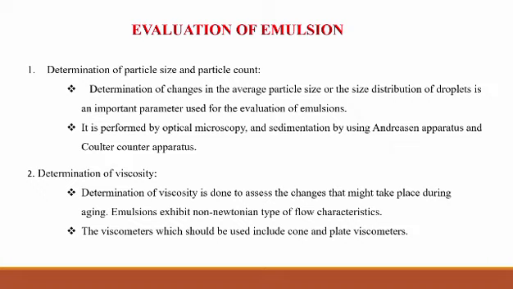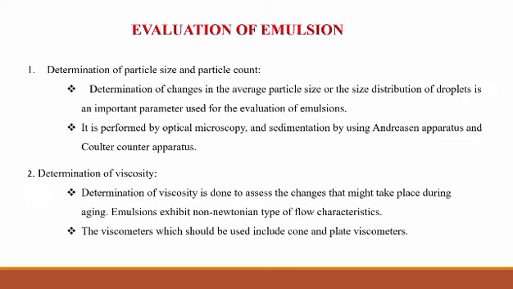Next is determination of viscosity. Viscosity plays an important role in emulsion stability. When there is a decrease in viscosity, creaming increases, and there will be separation of phases. So the viscosity has to be checked during the evaluation of emulsions.